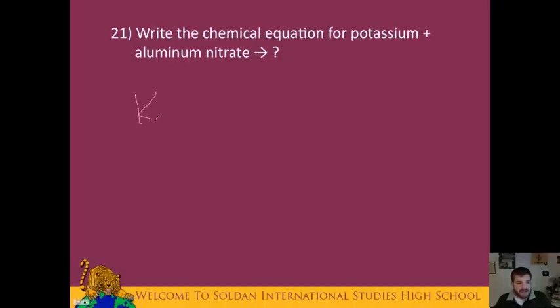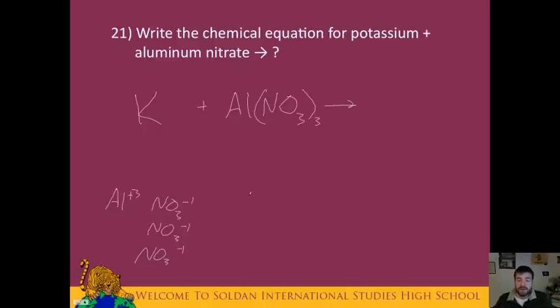Number 21, write the chemical equation for potassium plus aluminum nitrate. Okay, well, potassium symbol is K, plus aluminum nitrate is Al NO3. Let's polish that up a little bit. Aluminum's got a +3, nitrate has a -1, so I need another nitrate and yet another nitrate. So this really becomes Al(NO3)3, aluminum nitrate.